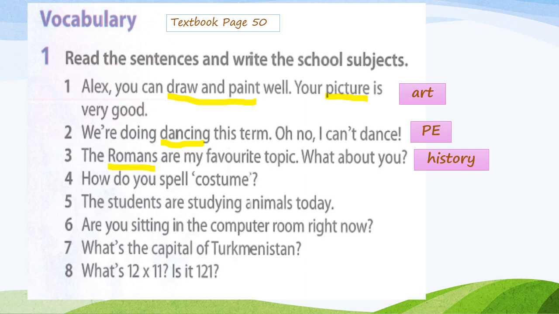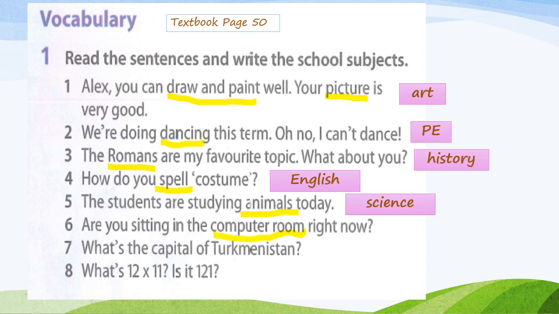How do you spell something? So when you say how do you spell, costume is an English word, so that's English. The students are studying animals today. They are studying animals, so they are doing science. Are you sitting in a computer room right now? Computer room.